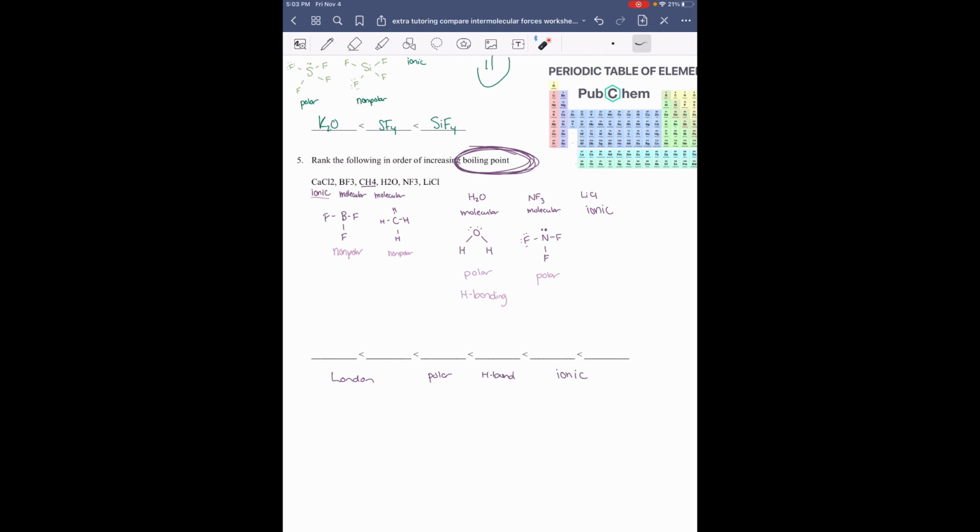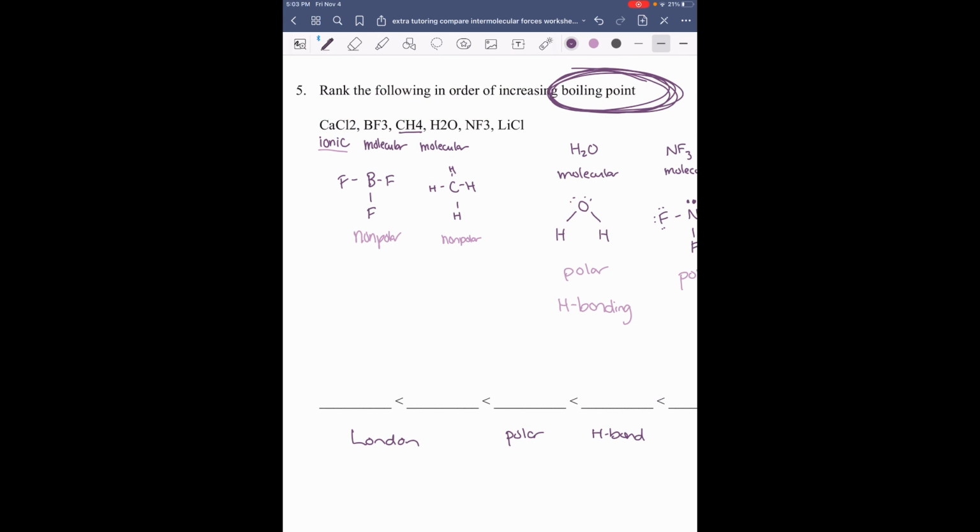So how do I differentiate between our 2 London, our 2 non-polar? Does anyone remember? We look at our molar mass. So let's do some calculations. What is our mass for boron? It's like 11 plus 3 fluorines. Fluorine's like 19. So 3 times 19 plus 11 is like 68.